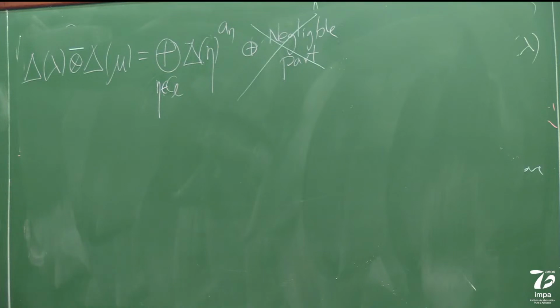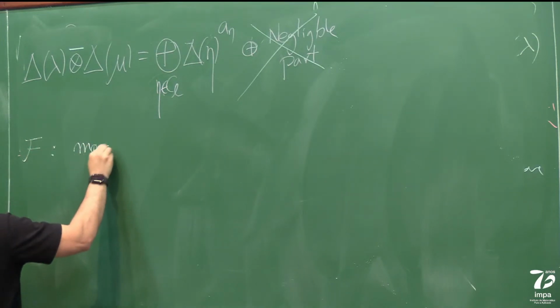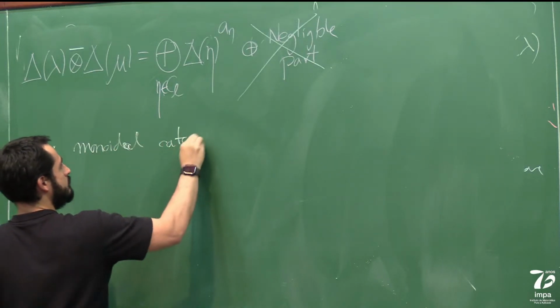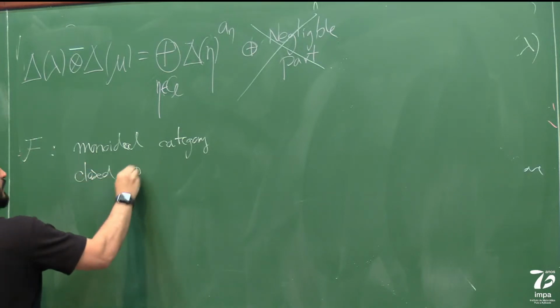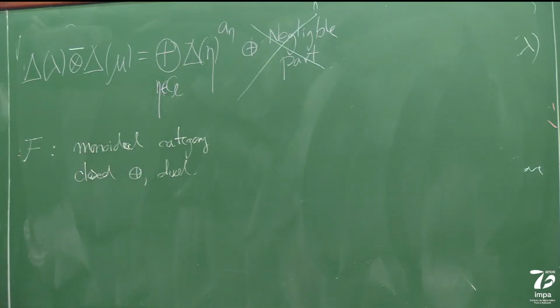This category F, which is this quotient category, is a monoidal category. It is closed under direct sums and duals. It's closed under tensor products. This is a monoidal category.